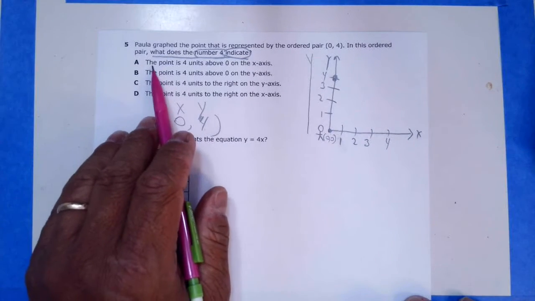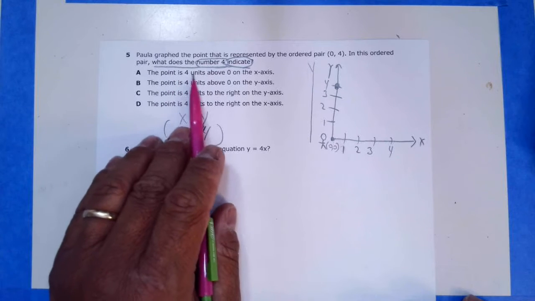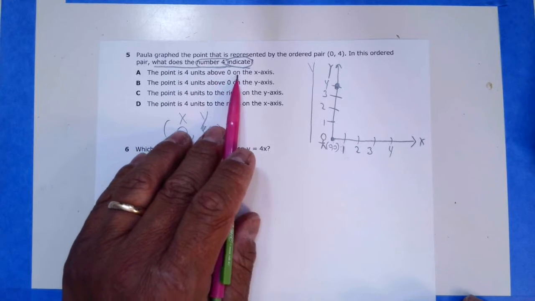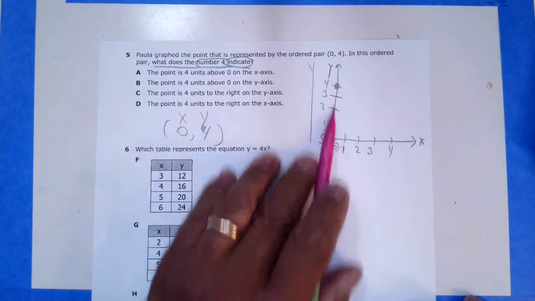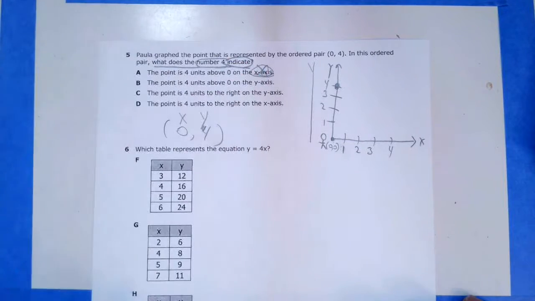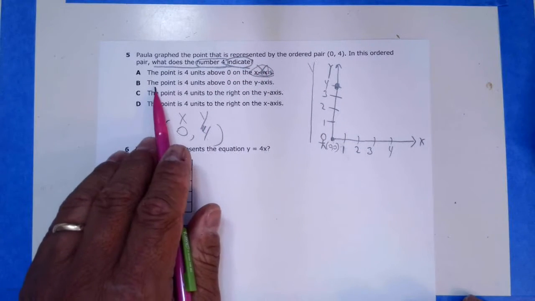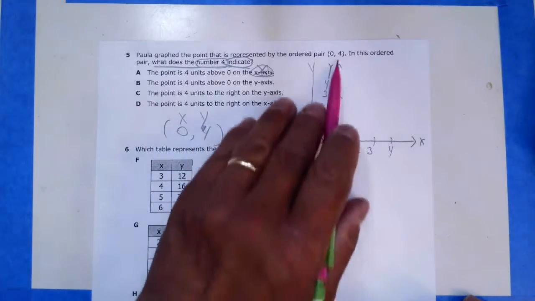So looking at this, it says the point is 4 units above 0 on the x-axis. No, it's on the y-axis, not the x-axis. Okay? Remember, ABC, XY.